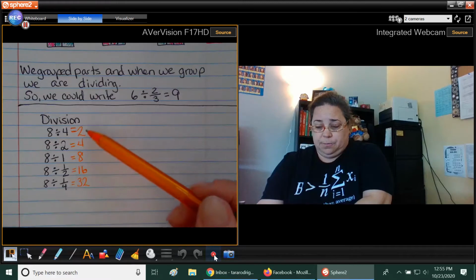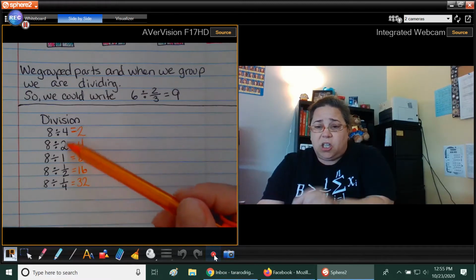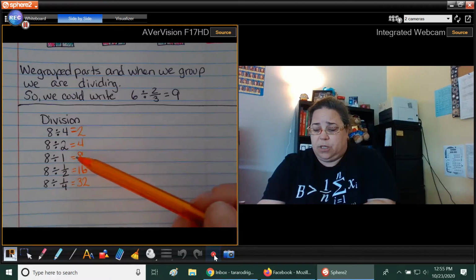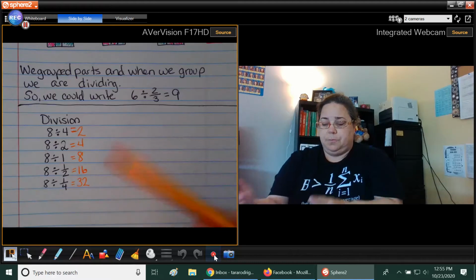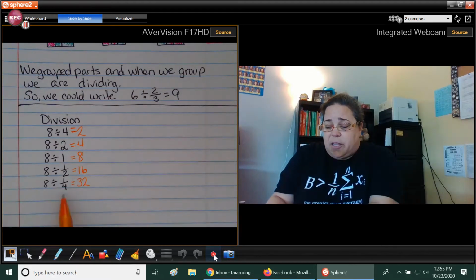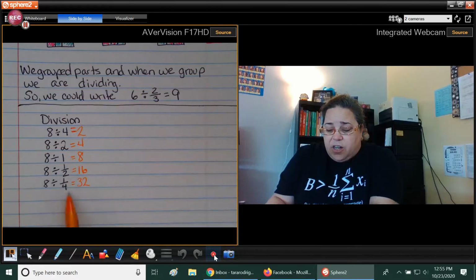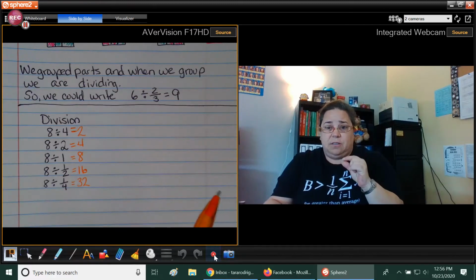So the smaller the number grew, the bigger the answer was. Okay. Notice that the bigger the denominator is, the smaller the fraction is.